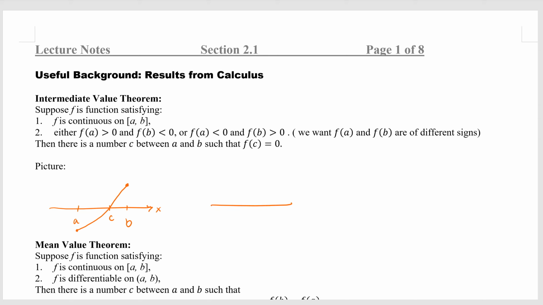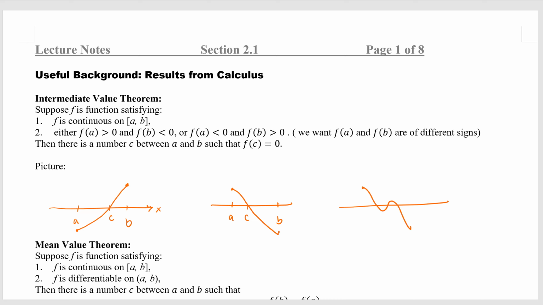Or the picture could be we have a and b, and f(a) is positive, f(b) is negative, and the function is continuous, so maybe it crosses the x-axis at this point c. Or it is also likely that it crosses several times.